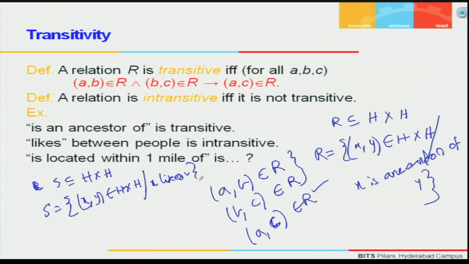This is very much a relation, because S is a subset of H cross H. Is this a transitive relation? No, because if x likes y and y likes z, it does not mean x likes z. Hence S is not a transitive relation, and people call it intransitive as well.